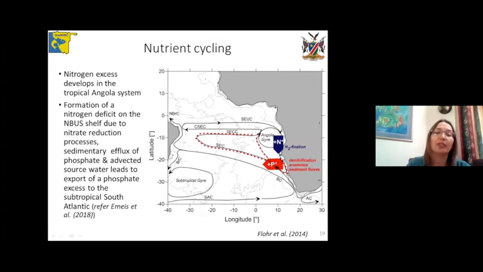But here off Namibia, you have the formation of a nitrogen deficit on the shelf due to these aforementioned nitrate reduction processes, also due to sedimentary efflux of phosphate, and then also the advected source waters that are on the shelf. And this leads to basically a phosphate excess, with phosphate exported from the Namibian shelf into the subtropical South Atlantic.